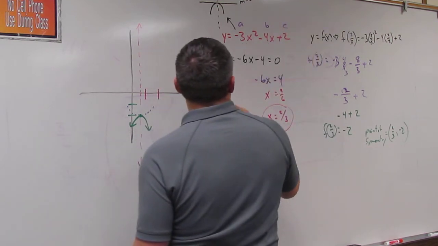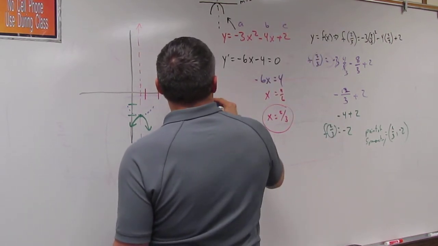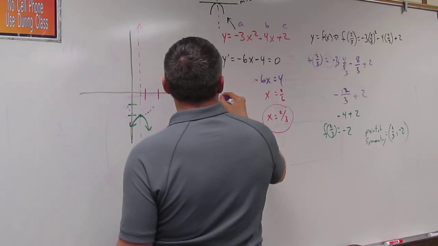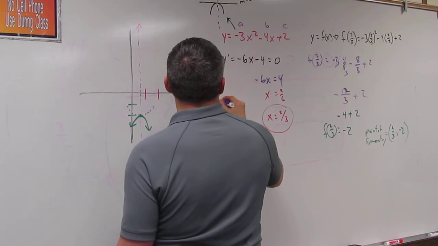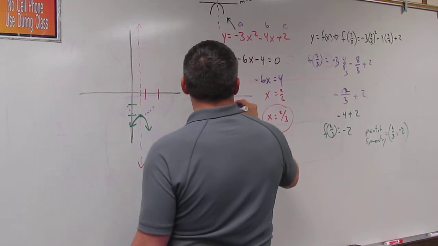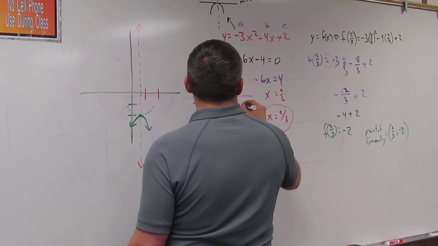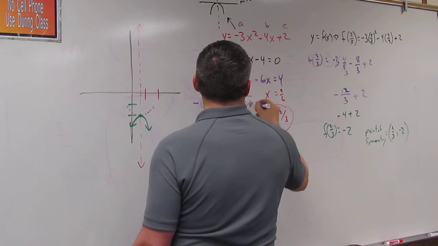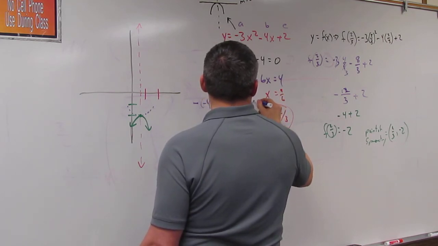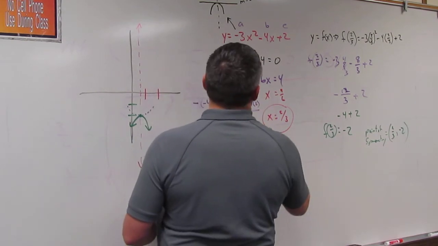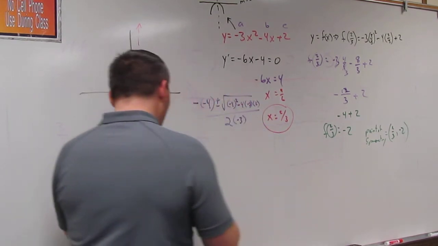And so we have negative 4 plus or minus the square root of b squared, which is negative 4 squared, minus 4 times a, which is negative 3, times c, which is 2, all over 2 times a, which is negative 3.